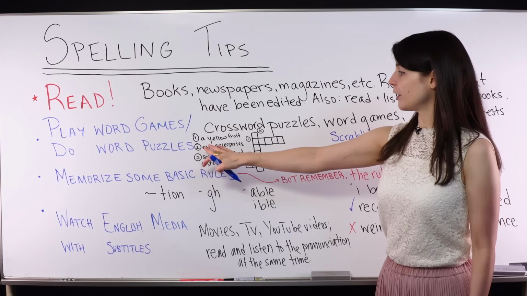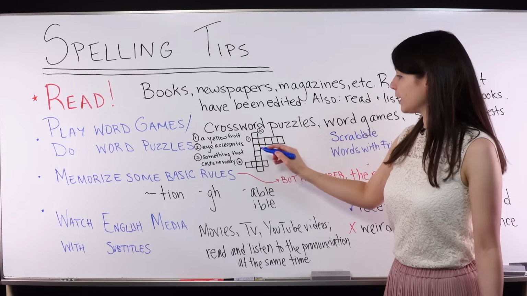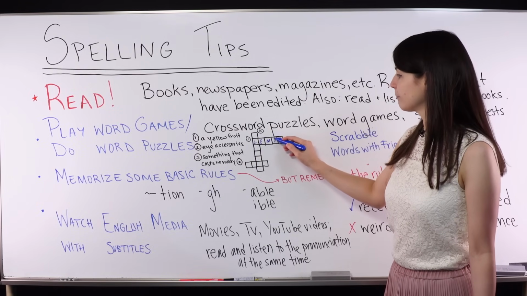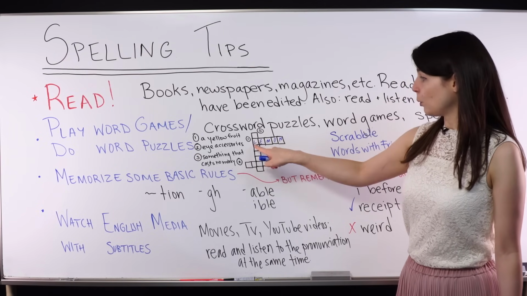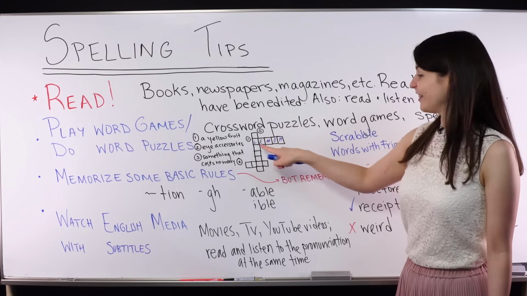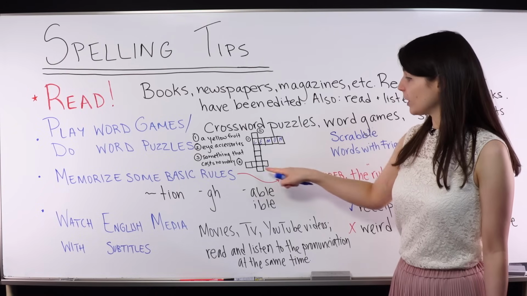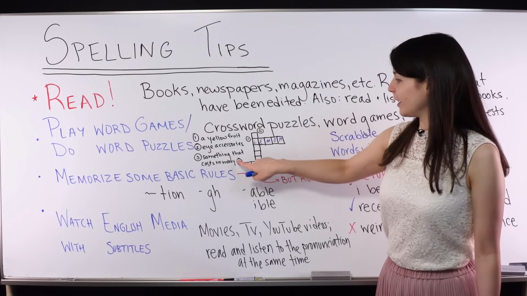The first clue here, number 1, says a yellow fruit. So a yellow fruit is a lemon. So we place each letter in the box, L-E-M-O-N. We know the spelling is correct, or we can have a pretty good guess, at least, that the spelling is correct because it fits in the box. Then we look at the next clue, number 2 down here. Number 2, oh sorry, I made a mistake.